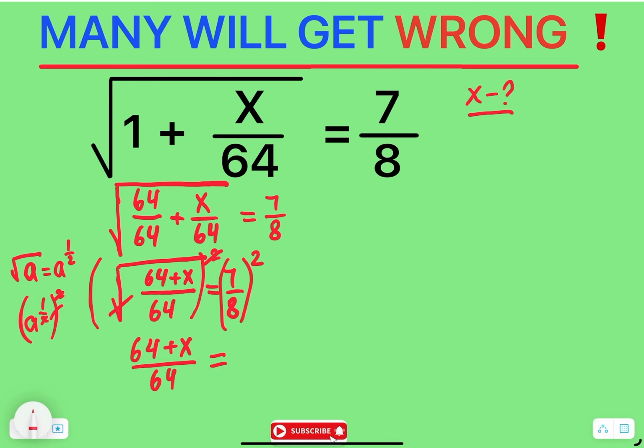make square for this fraction. 7 square equals to 49, and this square also belongs to 8 because they are inside the parentheses. 8 square is 64. As you see, in both parts, a denominator, we have 64. That's why I will multiply both fractions with 64.